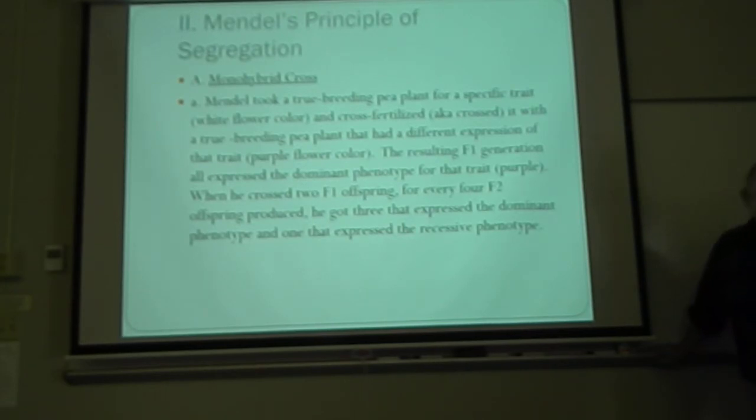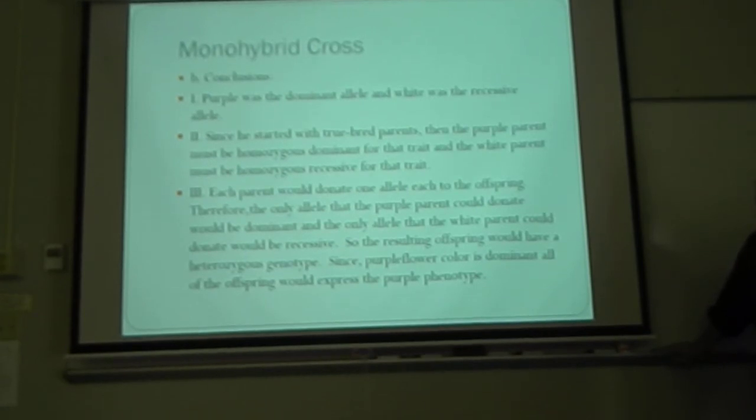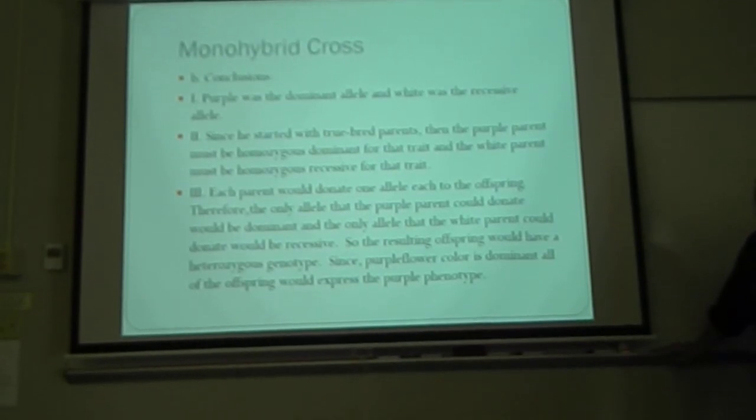We're going to go over this here in a second. So his conclusions were that purple was the dominant allele, white was the recessive allele. He started with true-bred parents, so the purple parent must be homozygous dominant for the trait, and the white parent must be homozygous recessive for that trait.